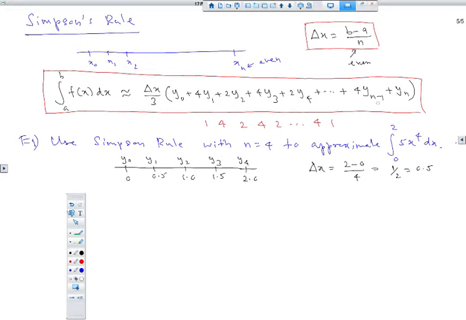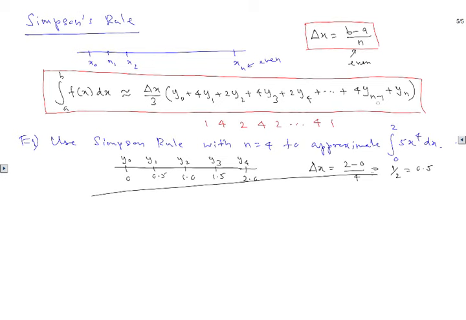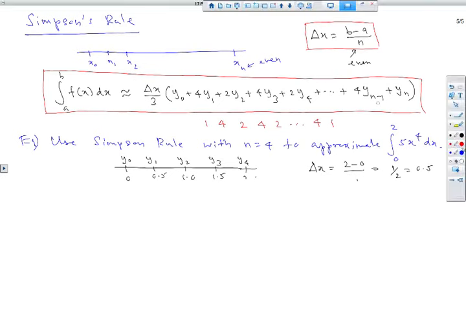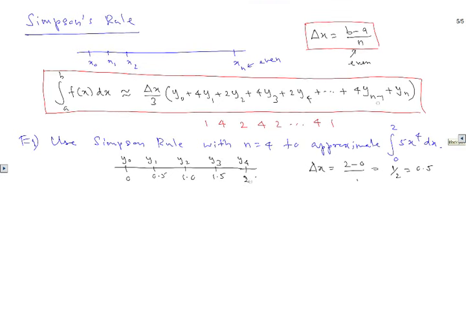So you're gonna get 2.0 and this is divided by 4. Okay, so the integral from 0 to 2 of 5x to the 4th power dx is approximately equal to Delta x over 3.